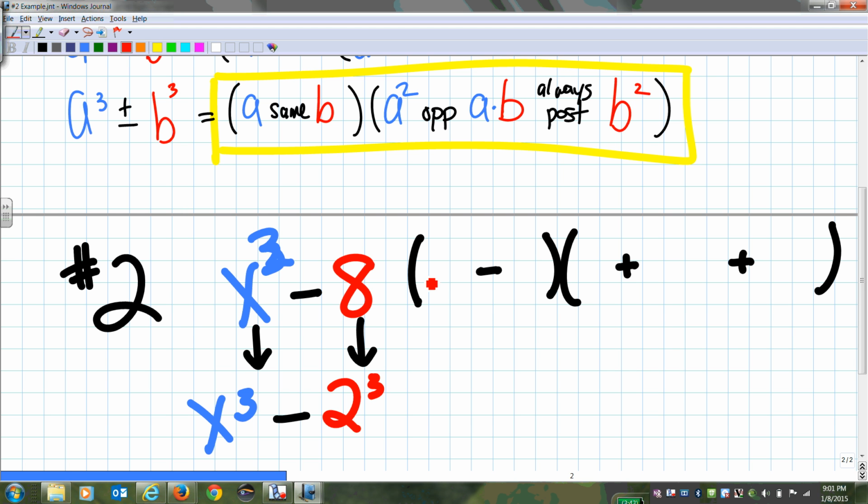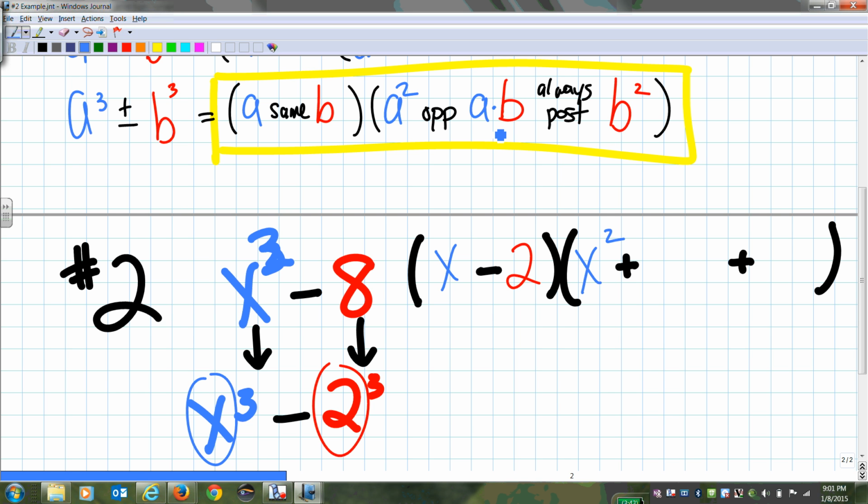So the first one, your a is going to be x minus, and your b is 2. And then here we have a squared, so in this case, it's x squared.